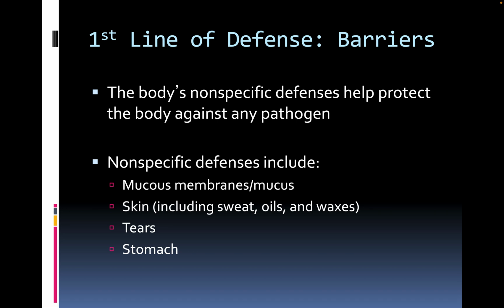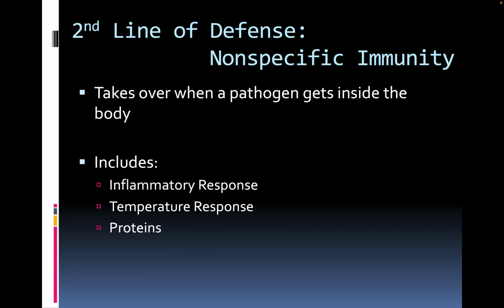Now obviously, if it was 100% effective, we wouldn't need any other defenses, but it's not, right? So what happens if an actual pathogen gets through those defenses and gets inside your body? What happens after that?